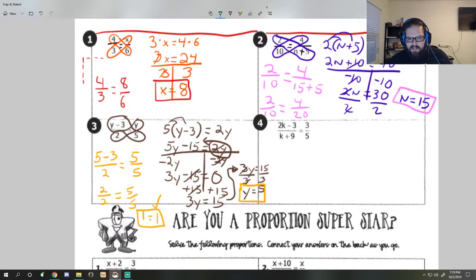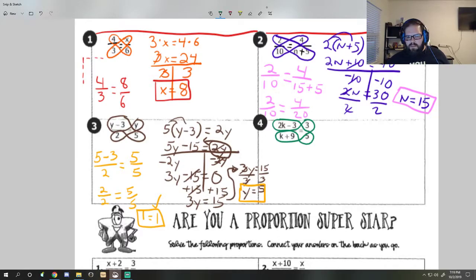Let's see. So first things first, we're going to do our crisscross or butterfly or whatever anybody wants to call this, but we're going to multiply by the corners. So now we have 2k minus 3 times 5, and then we have k plus 9 times 3.